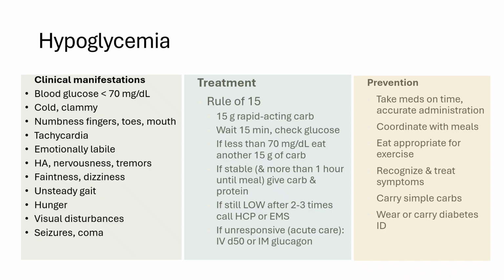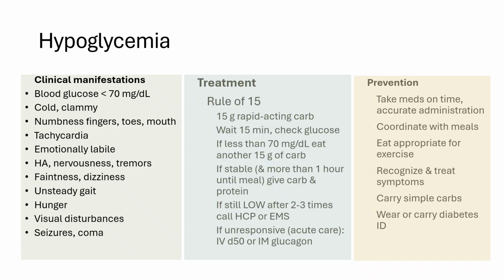So the clinical course of it, it's more rapid onset, right? Pattern of manifestations can change over time. It kind of mimics alcohol intoxication, and if we don't treat hypoglycemia, it can lead to the loss of consciousness, seizures, coma, and also death.